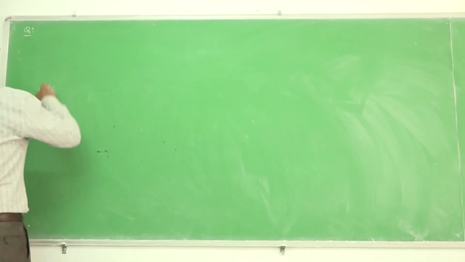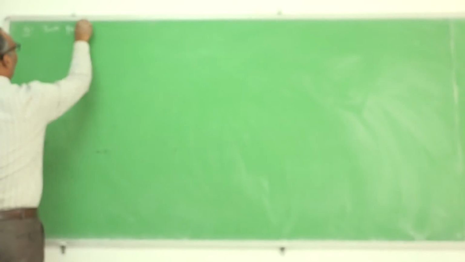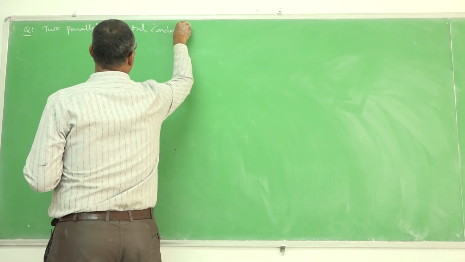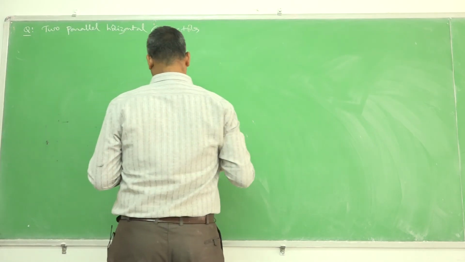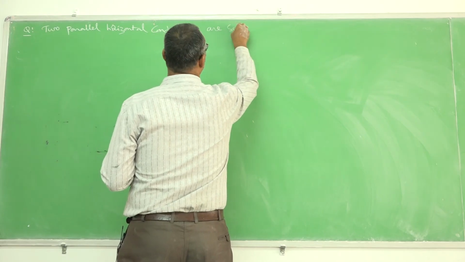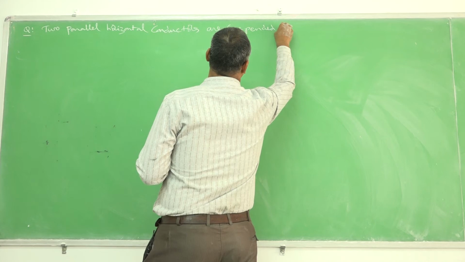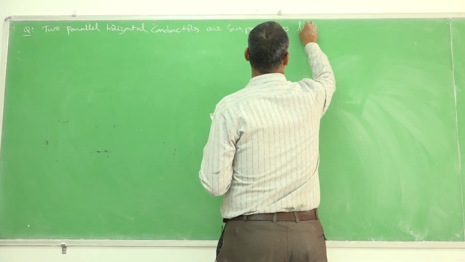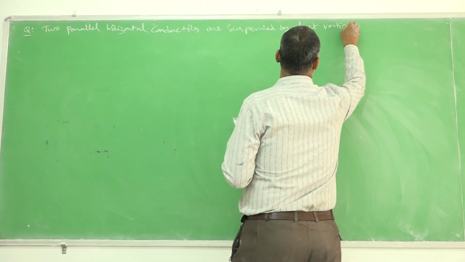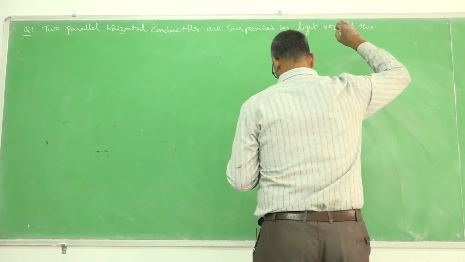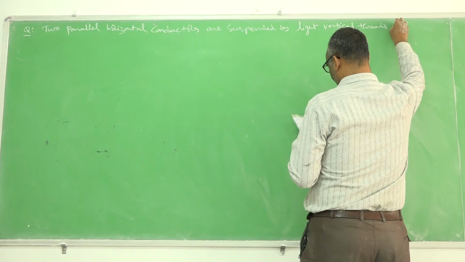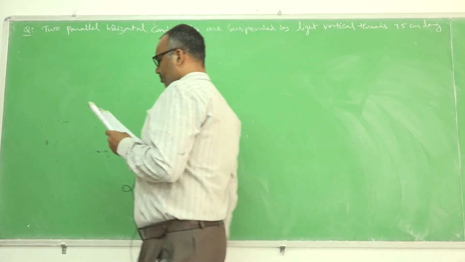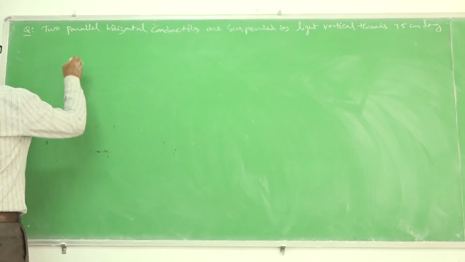Two parallel horizontal conductors are suspended by light vertical threads (75 centimeters long). Each conductor has mass 40 grams per meter.